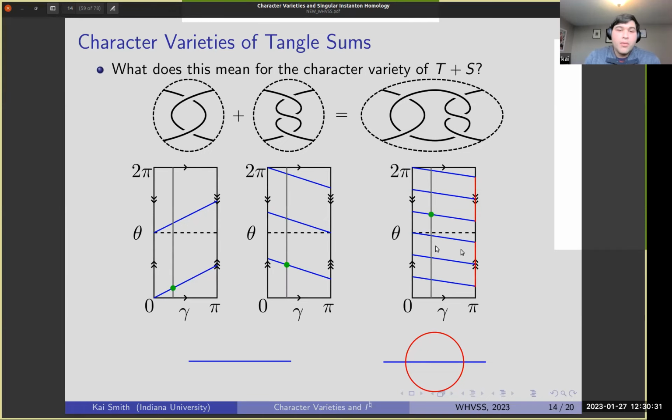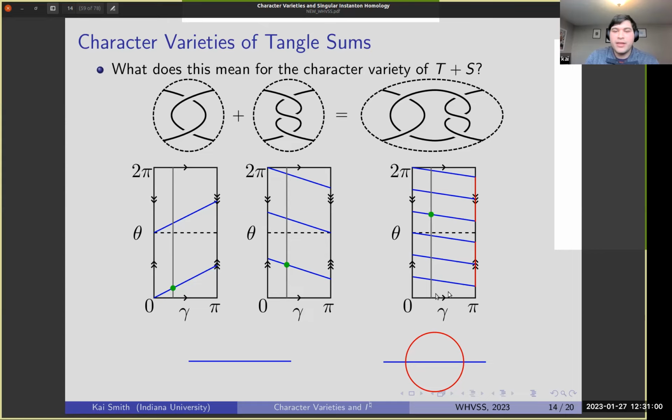Whenever I have a representation of this tangle and a representation of this tangle whose gamma coordinates agree, then there's a representation of C3 which is compatible with both of them, and I can glue those representations together to get a representation of the tangle sum. And when I do that, I can take the theta value of this representation and add it to the theta value of this representation.